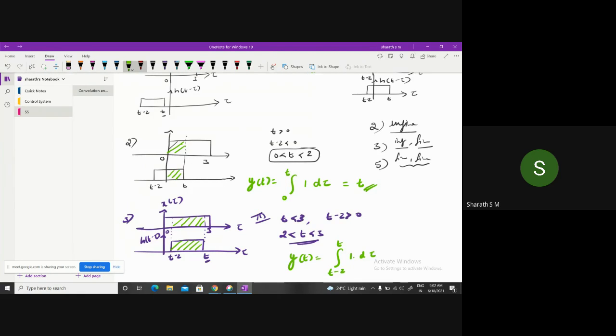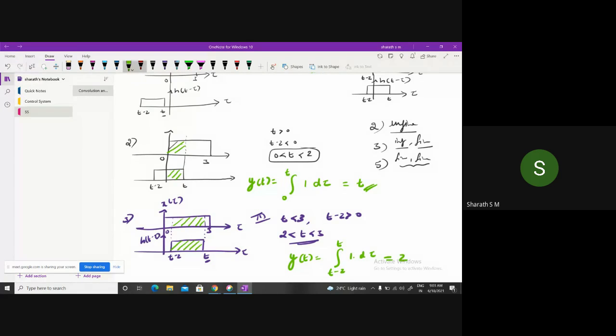That's the answer for the third case. What's the answer? 2.